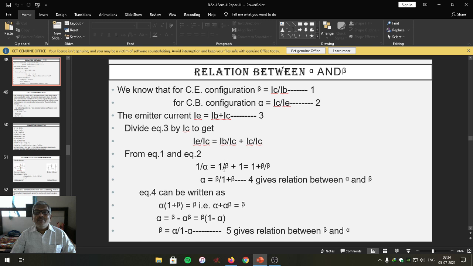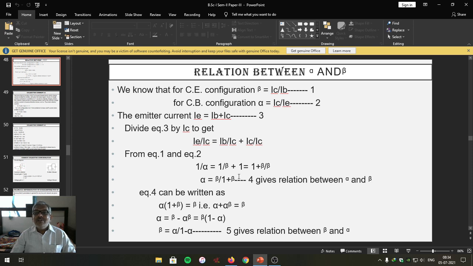By taking LCM, we can write 1 upon alpha is equal to 1 plus beta upon beta. But we want alpha. Therefore, taking the reciprocals, we can write alpha is equal to beta upon 1 plus beta.